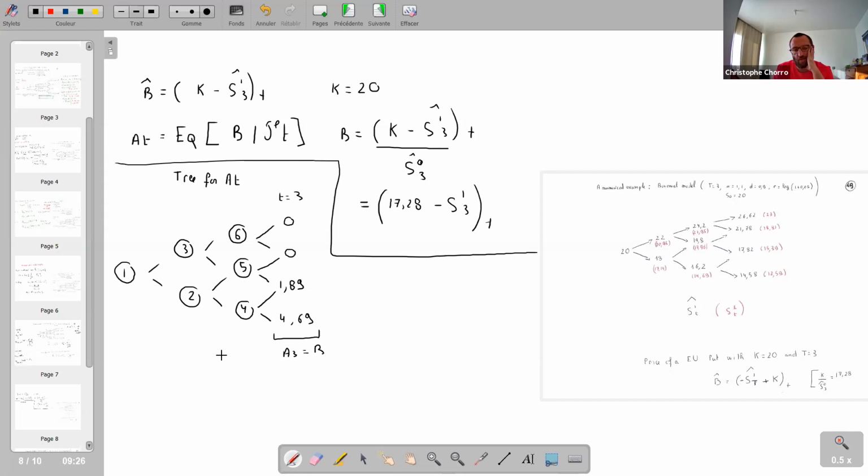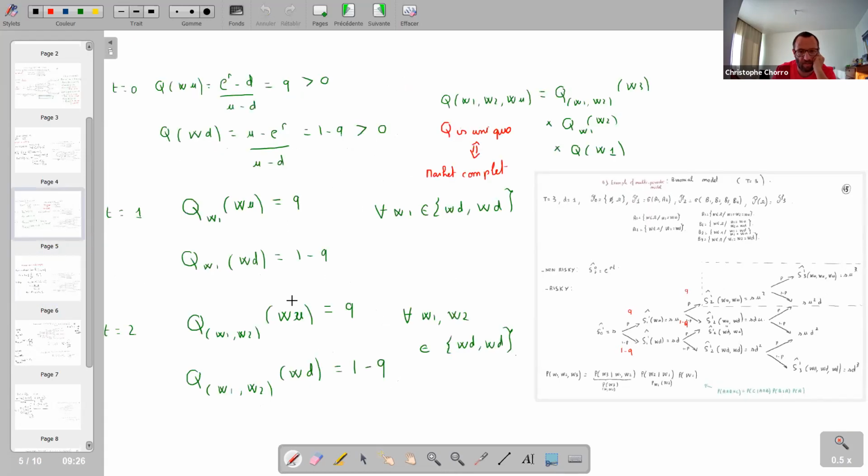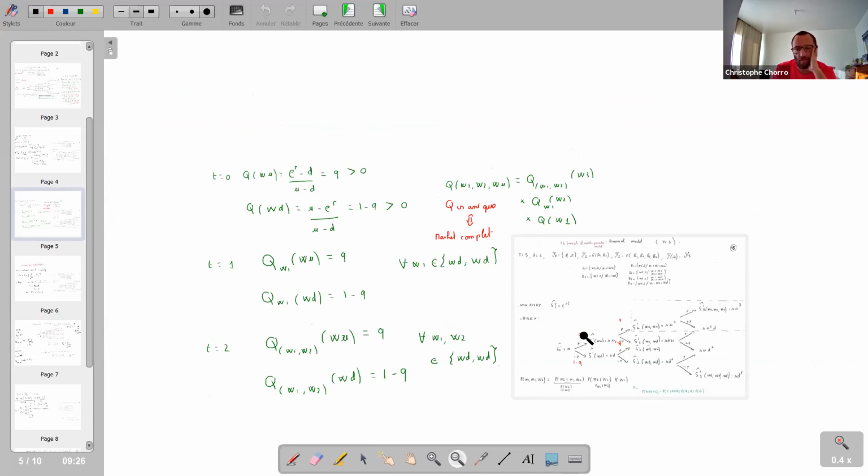I can easily compute this conditional expectation because, according to what I have said previously, I know what are all the conditional equivalent martingale measures for all these submodels of size 1. This is Q, being in my numerical situation equal to 3 over 4.